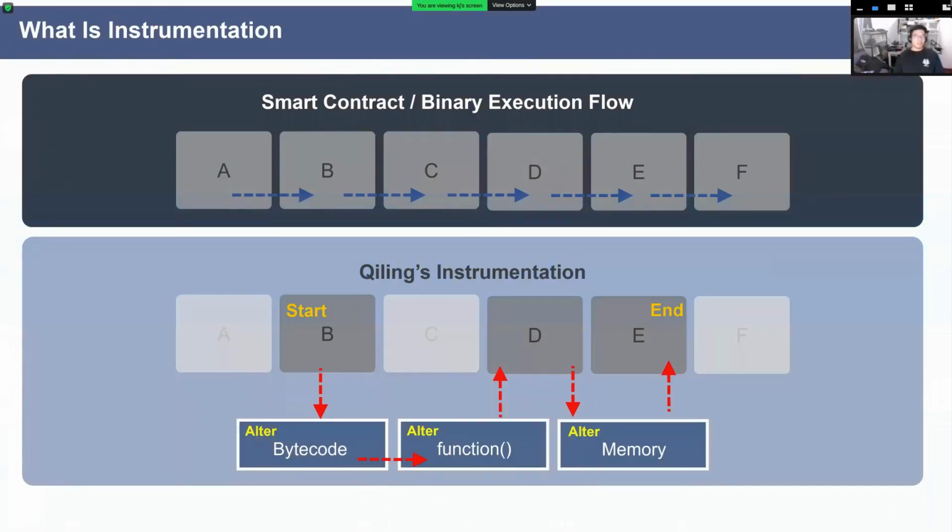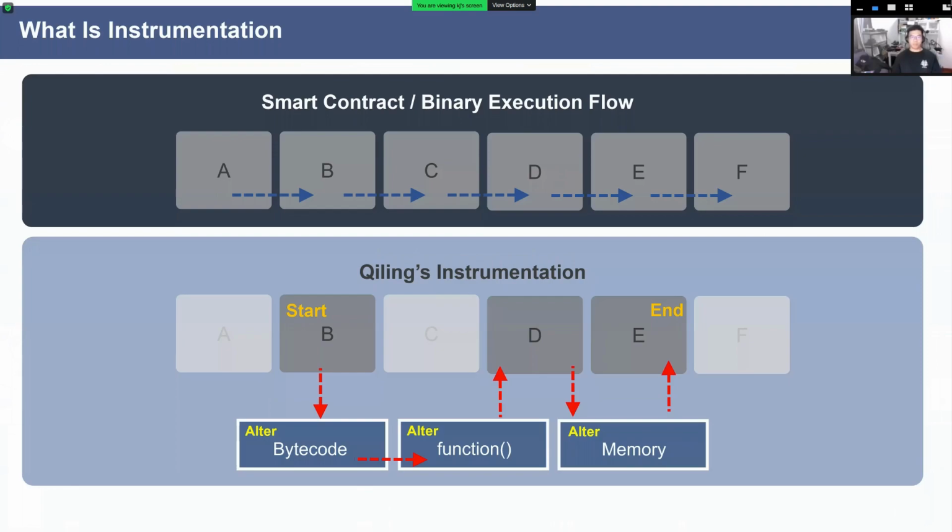So we have two parts over here, the upper part and the lower part. The upper part is where you start to run a binary or smart contract, in the sense of our very last session, which is the EVM demo.